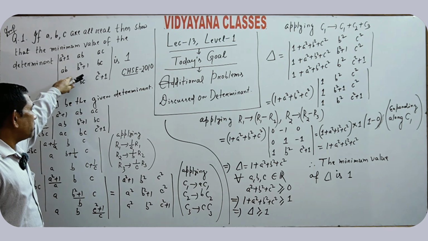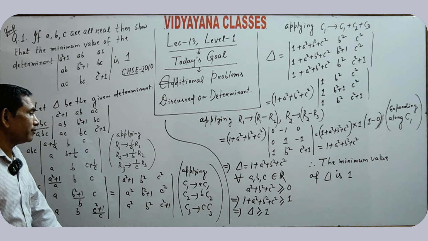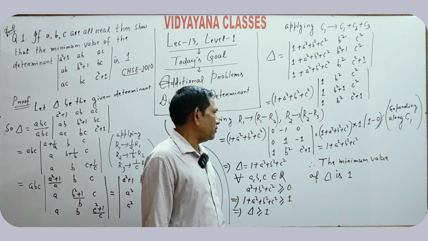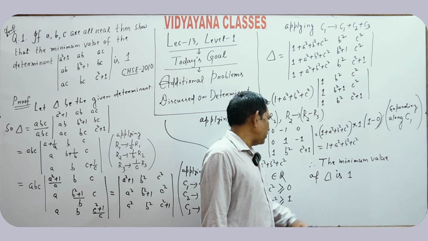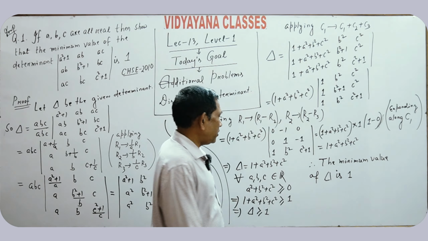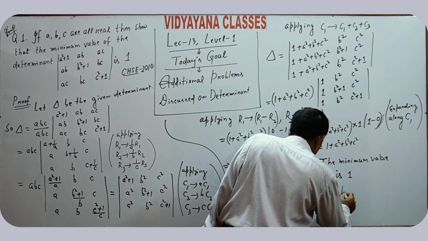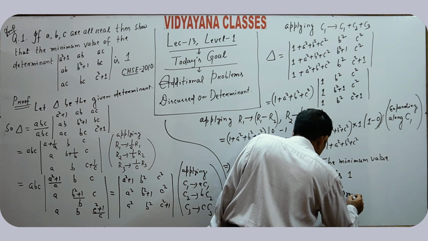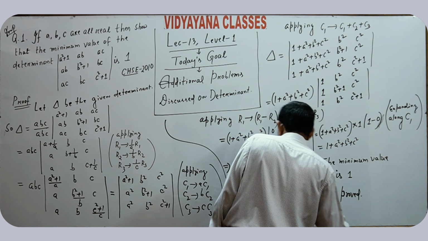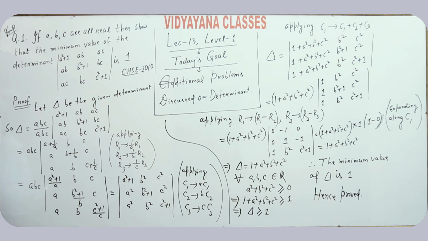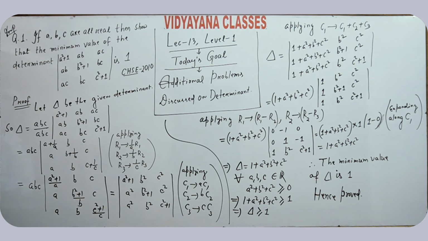The given determinant is taken as del. Del is greater than or equal to 1. Therefore, the minimum value of del is 1. Hence proved. Clear? Okay, write down.